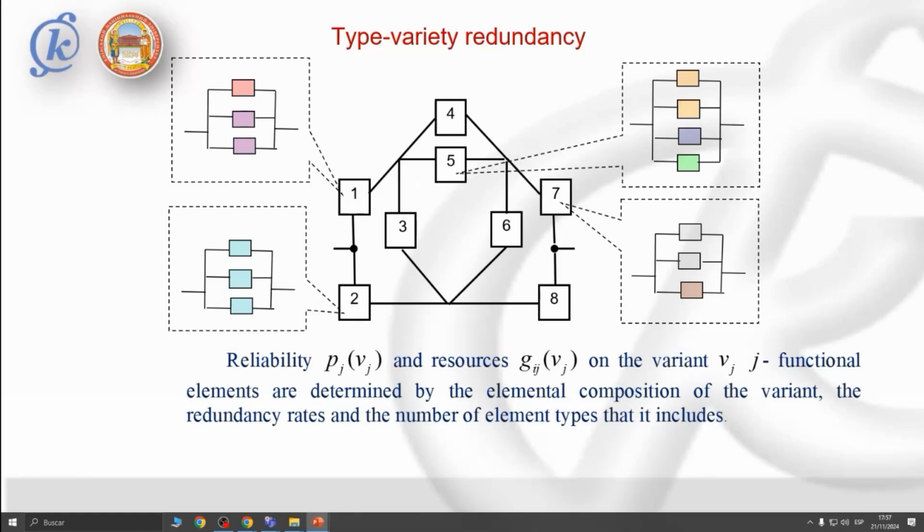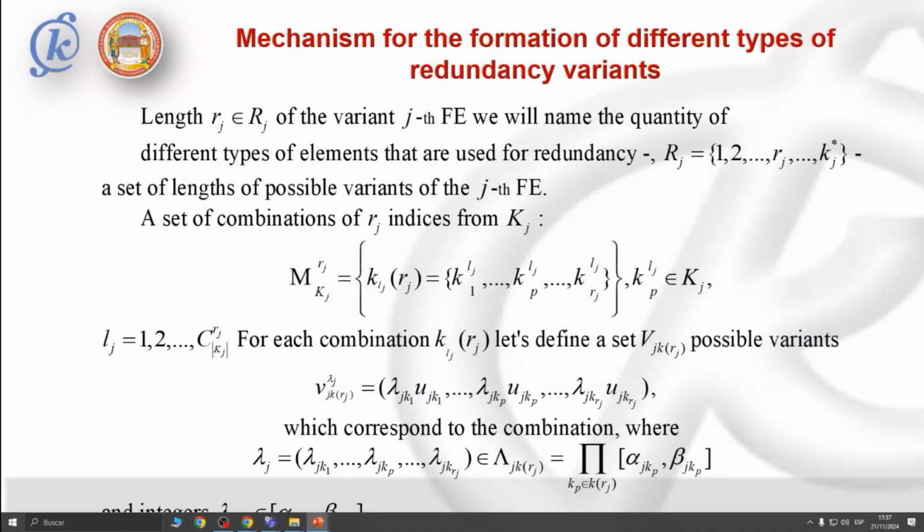It's very important, and I introduce you to some mechanism for creation of different types of redundancy. This mechanism was created, and we generate versions from different types of elements.